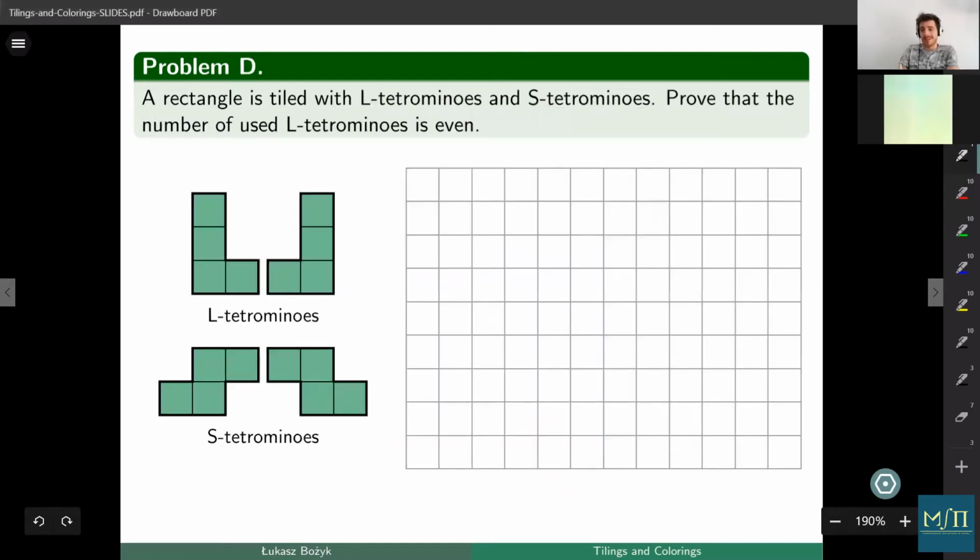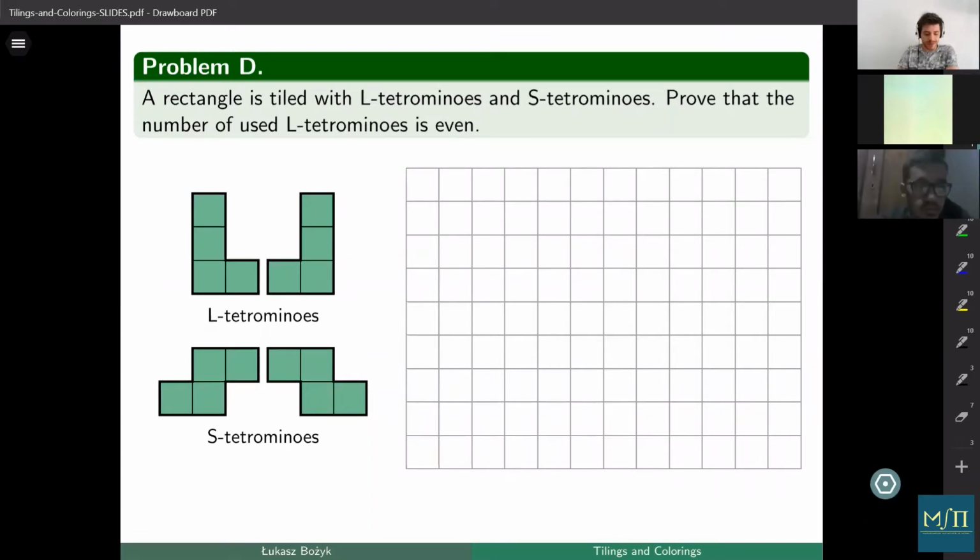Let's switch to the next one. I must admit I have seen a comment, and maybe I didn't make it clear in the very beginning. Every time it's good to make it clear. This is aimed as an introduction to coloring.